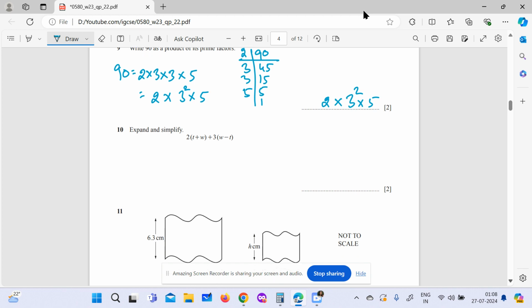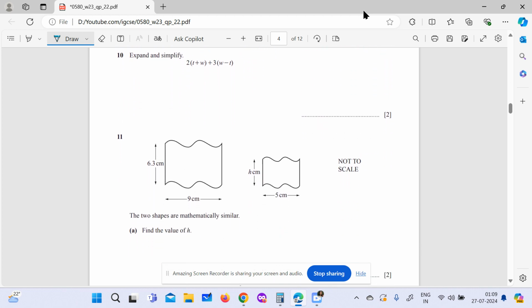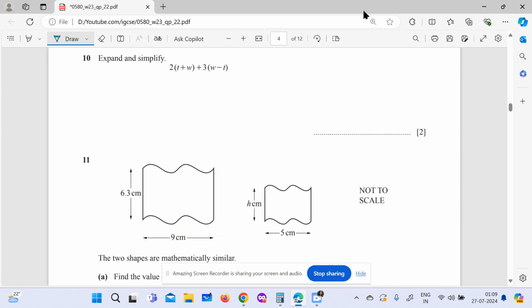Now, the next question is: expand and simplify 2 times (t plus w) plus 3 times (w minus t). So we will expand it first. 2 times t is 2t, plus 2 times w, plus 3 times w, minus 3 times t.